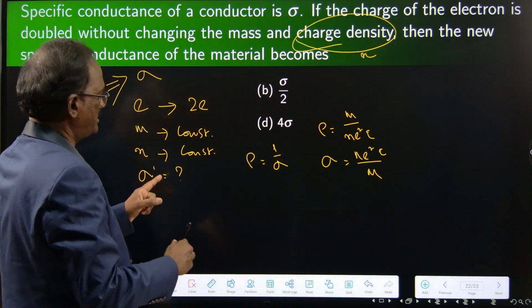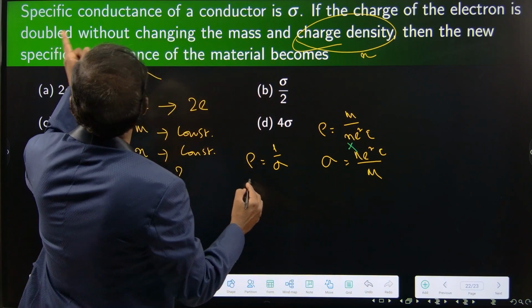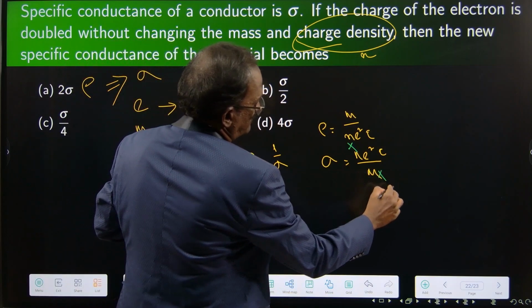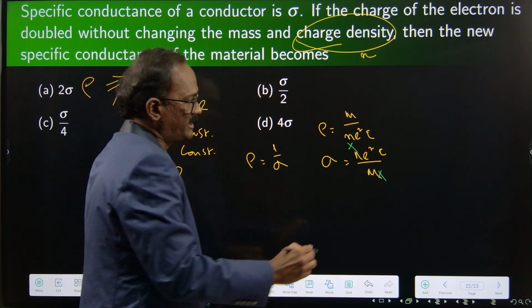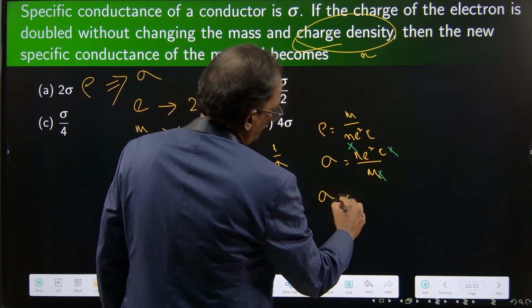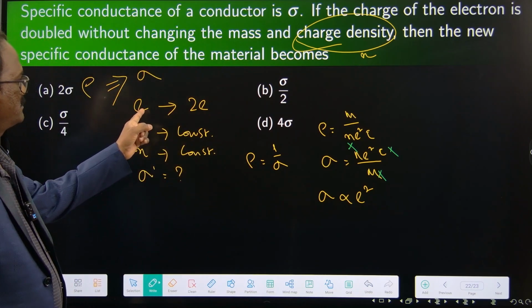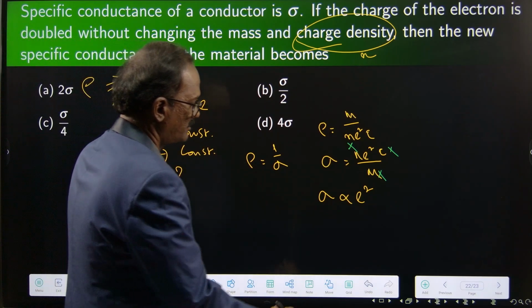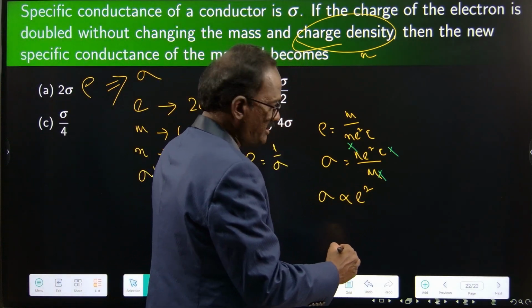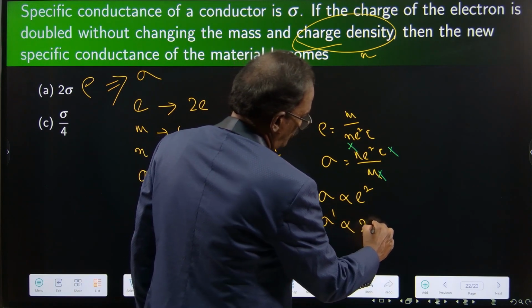N we have not changed, N is constant. Mass is also constant. Always we keep the temperature constant, so tau is also constant. So sigma is proportional to E square. Charge is doubled, so the new value will be sigma dash proportional to 2E square.